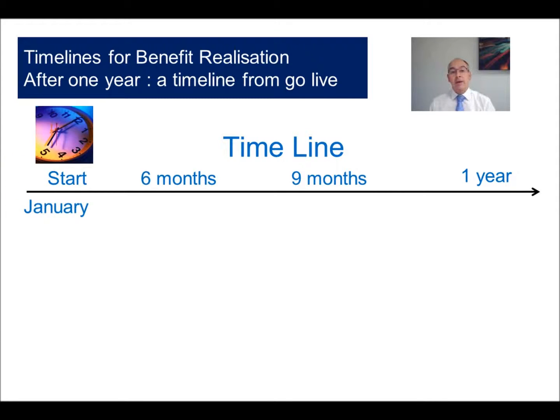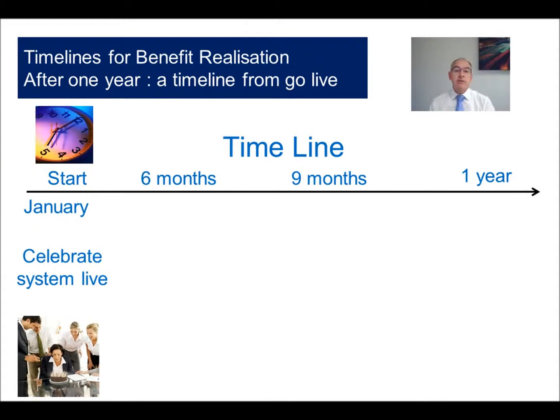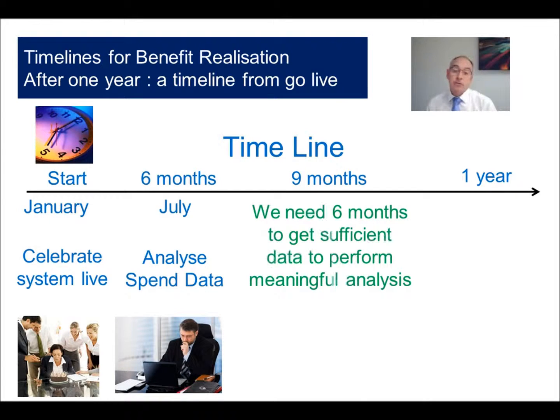So we'll assume, for ease of review, that in January we went live. We congratulated ourselves that our system was now going to gather data which we could analyse. Now it might take 6 months of use before we have a meaningful data set that we can do a statistical analysis on.